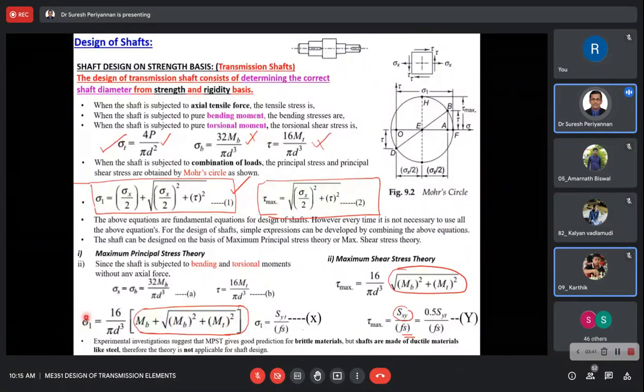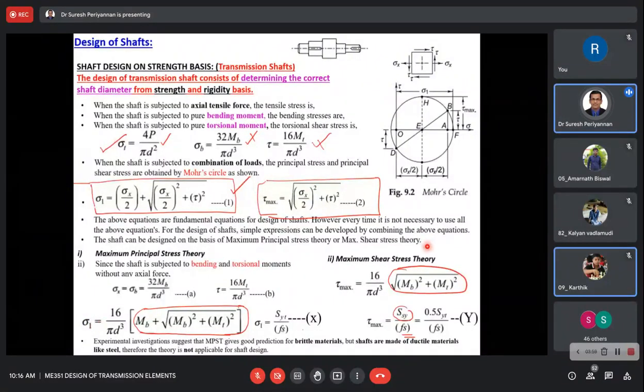What is sigma 1? Sigma 1 is nothing but SYT, the yield strength, divided by factor of safety, which defines the permissible value. Instead of sigma 1 we consider SYT divided by Fs in this place.